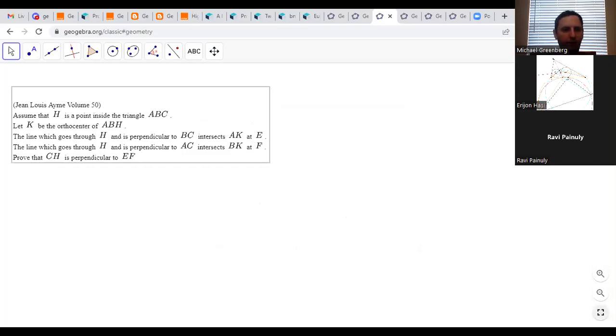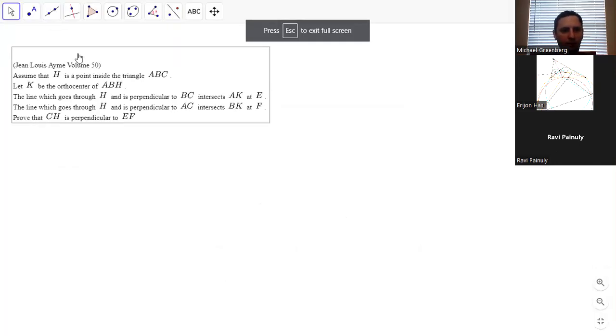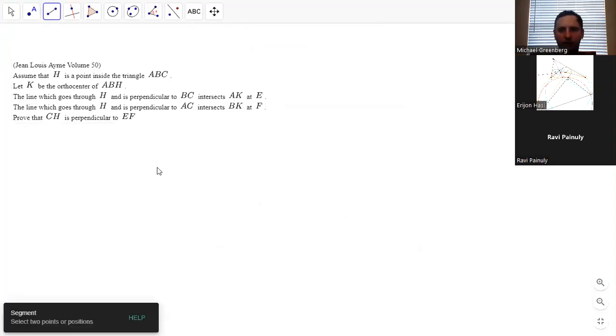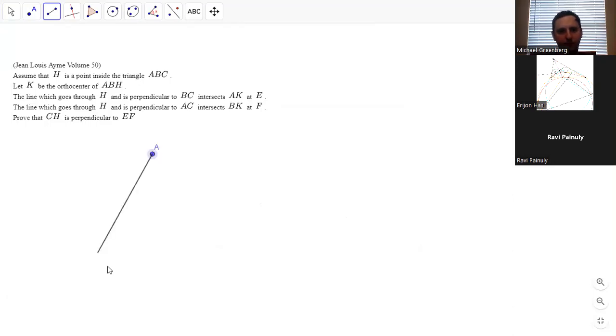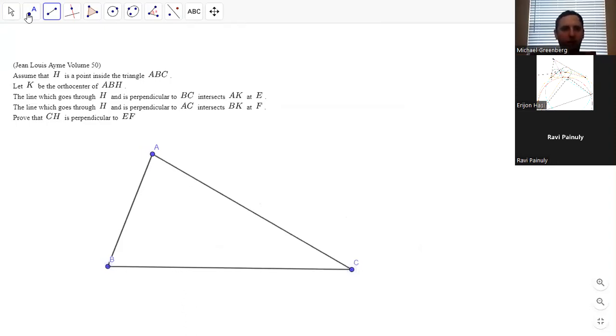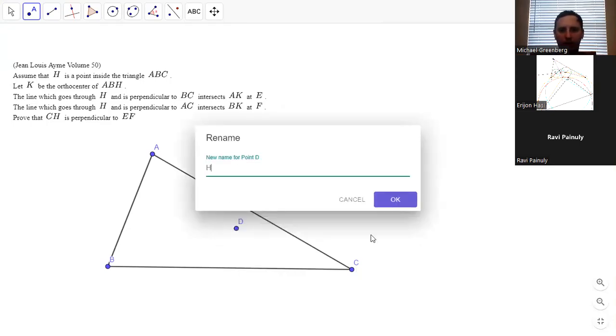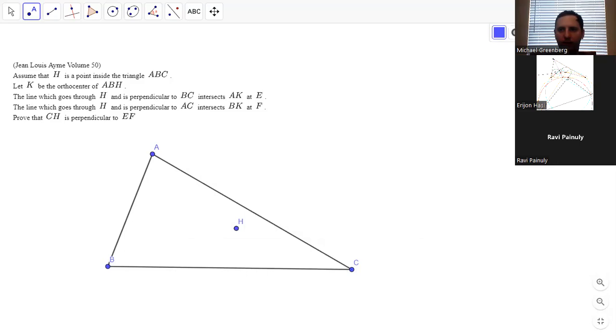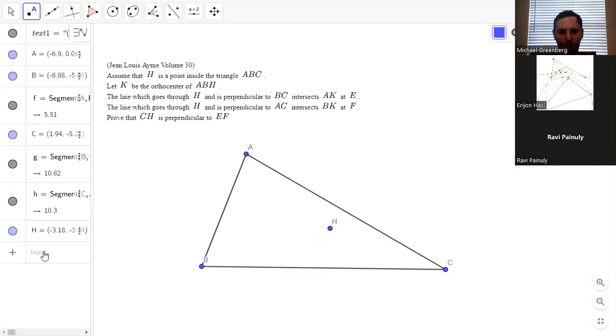Okay, this one's kind of interesting. So we have a triangle ABC, and H is any point inside of it. So not the orthocenter. But I remember the way the diagram was, so we call this H, and then K is the orthocenter of ABH. Oh, you know what? I gotta switch.